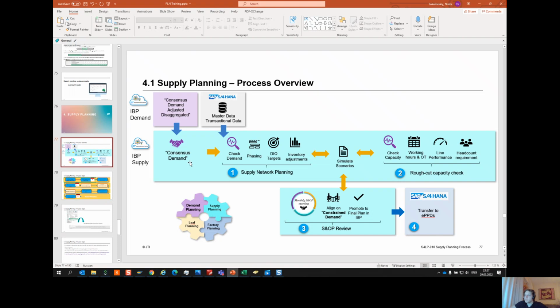And supply planners, first of all, need to verify the demand, to see that nothing brings confusion to the supply planners. Then they need to double check the master data for products in SAP.